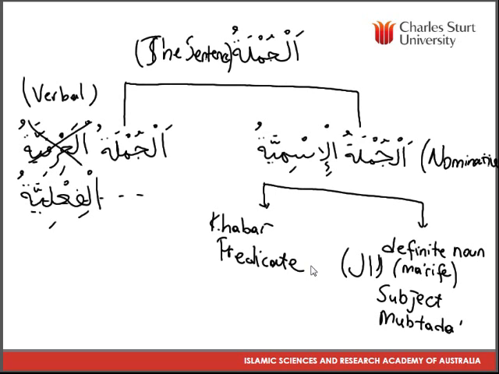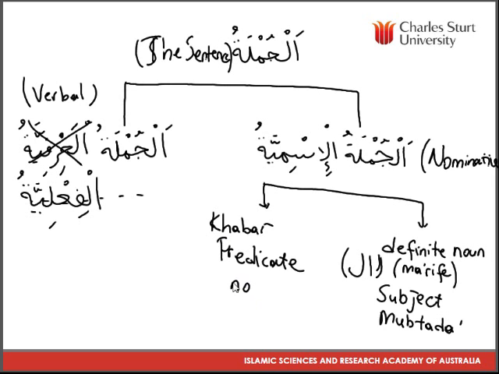Khabar means the information about this definite noun. Remember in our example, at-tufahatu, the apple. What happened to the apple? It's sweet. So giving information about this definite noun makes this part of the sentence khabar. This is the second part of the jumla ismiya, the nominative sentence.